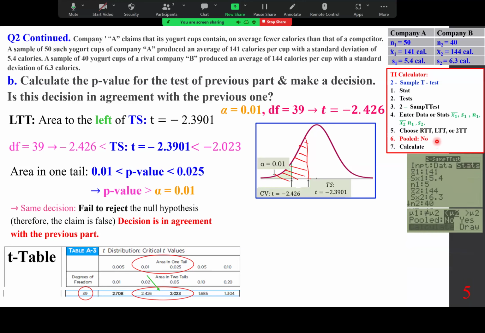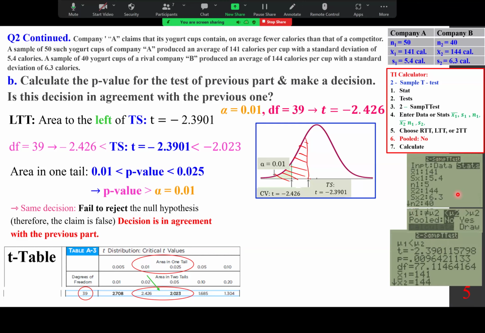You can use data if data is given, or in this case, we're going to use stats: x1 bar, s1, n1, x2 bar, s2, n2. You choose less than because of the left tail test. And is it pooled? You say no. So take a look at the way you input, and look at the result.